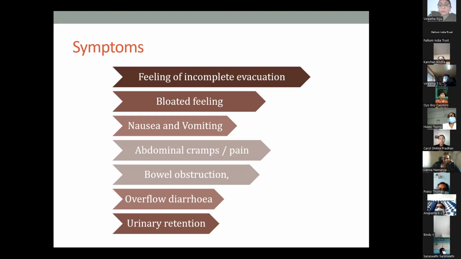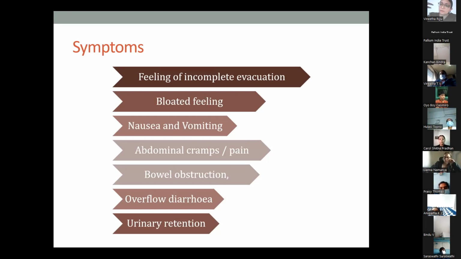This is overflow diarrhea. And this diarrhea has happened not because it is a proper diarrhea. This is a constipation that you're looking at. So overflow diarrhea is a sequelae of constipation. When the fecal matter is sitting in the intestine for a longer period of time, the upper part of the fecal matter starts to necrose and liquefy.